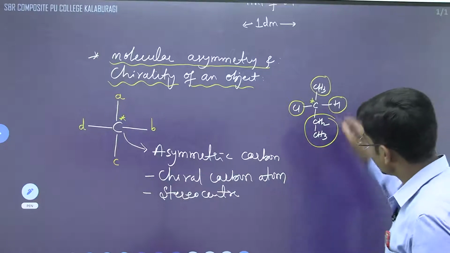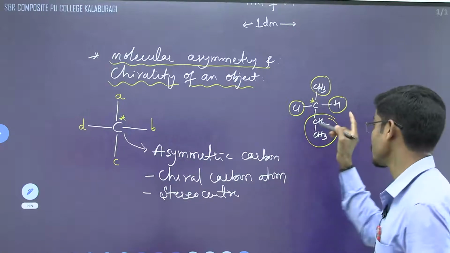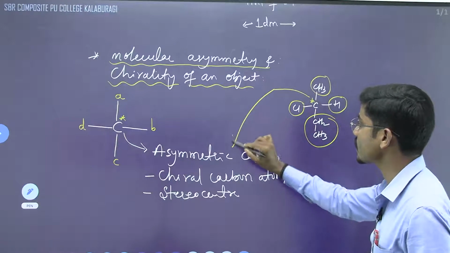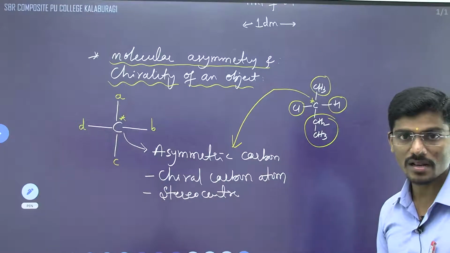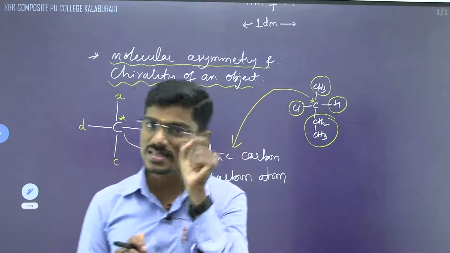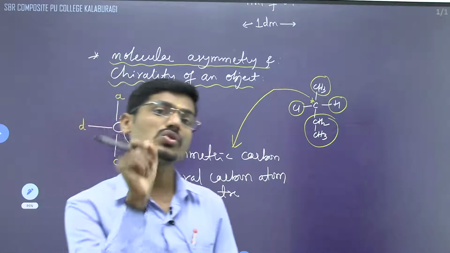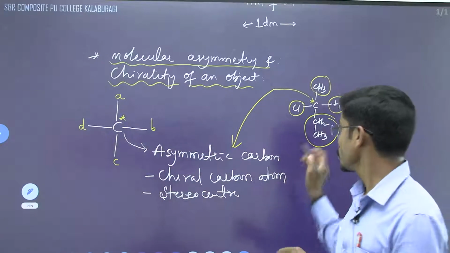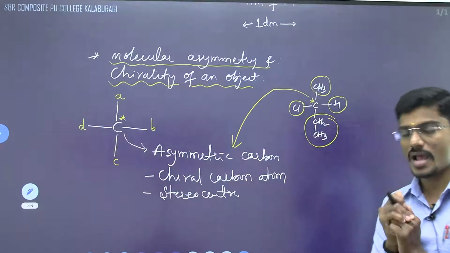Therefore, four different groups are attached to this carbon atom, so we can say that this is an asymmetric carbon atom, or chiral carbon atom. A compound containing an asymmetric carbon atom, a chiral carbon atom, is called a stereogenic center or stereocenter.